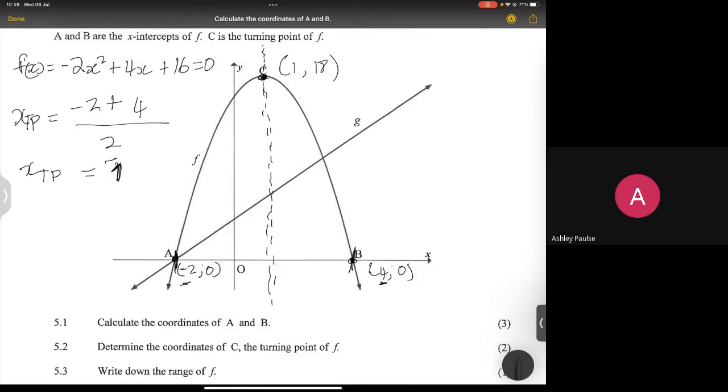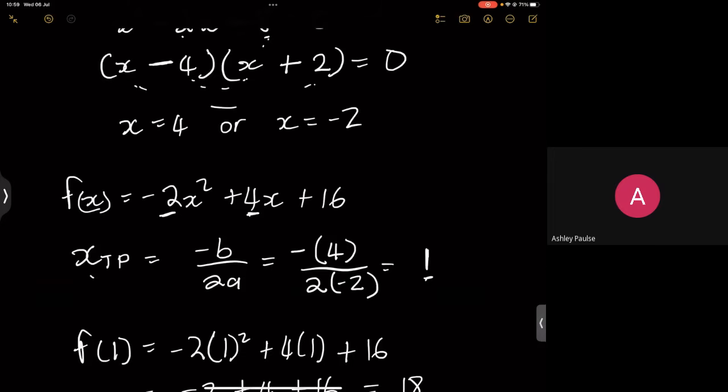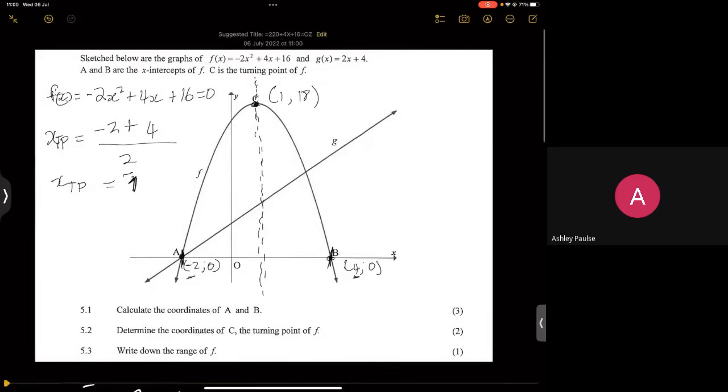Yes, sir. Okay, so you understood how to get the x value of the turning point. Remember we took minus b over 2a, or alternatively, as I showed you just now, you can take the mean value between your x-intercepts.